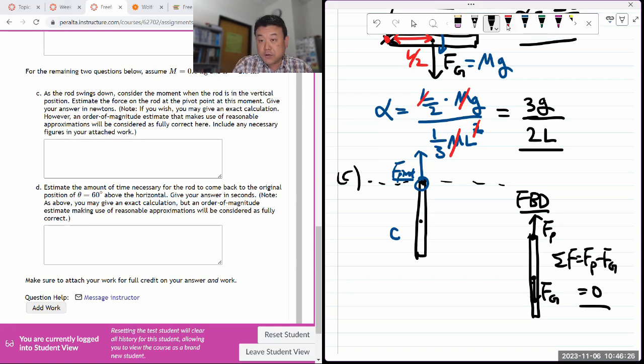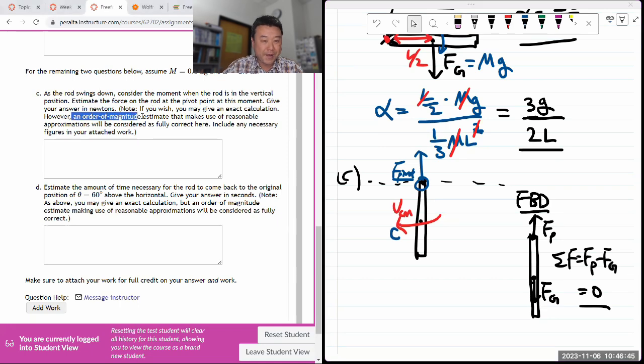What you have to consider is the fact that this is moving. It's got some speed of the center of mass. And to do this correctly, you have to actually treat this as an extended body.